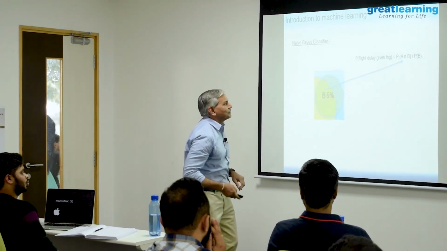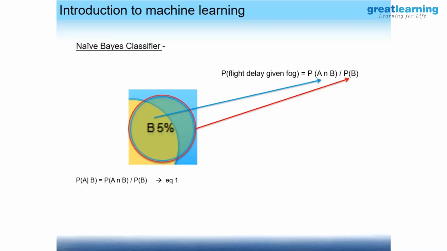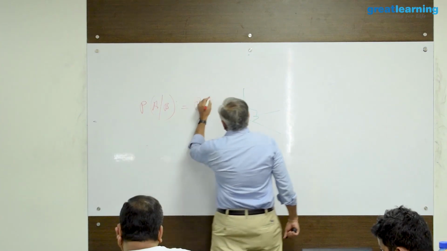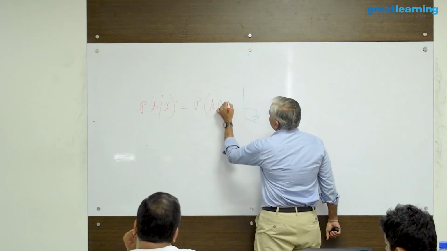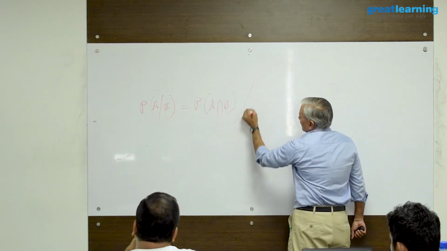Let's move further. I'm going to write this equation on one side and play around with this equation a bit. Caution, be ready to slip. So P(A|B), I'm showing it here as P(A intersection B) by P(B).